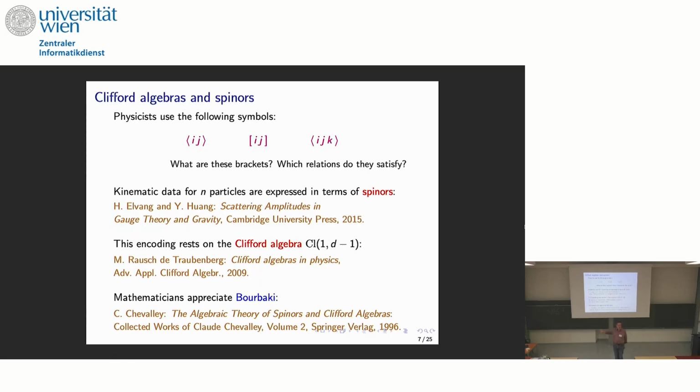So the Clifford algebra is a deformation of the exterior algebra. Every non-zero quadratic form deforms the exterior algebra to another algebra called the Clifford algebra.